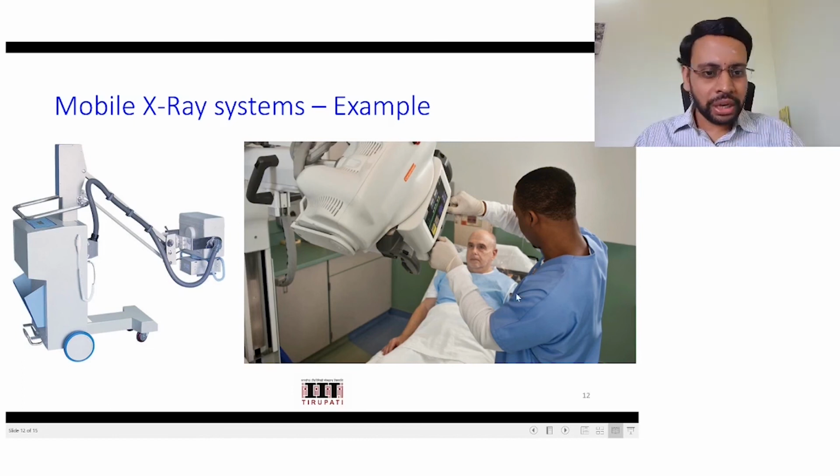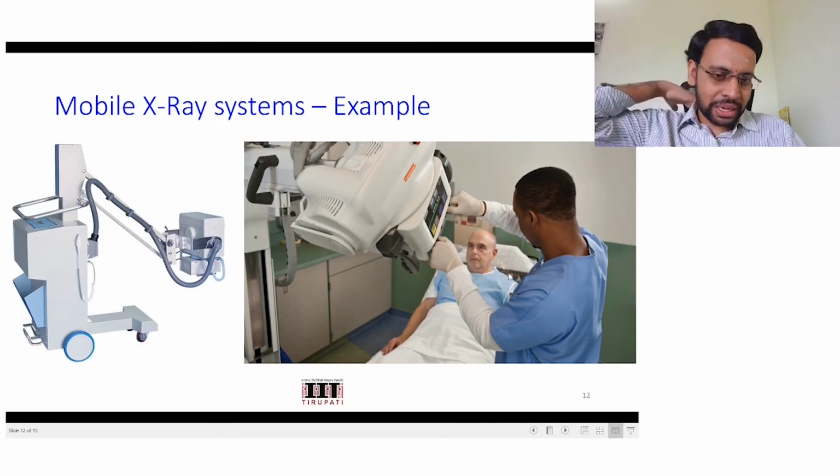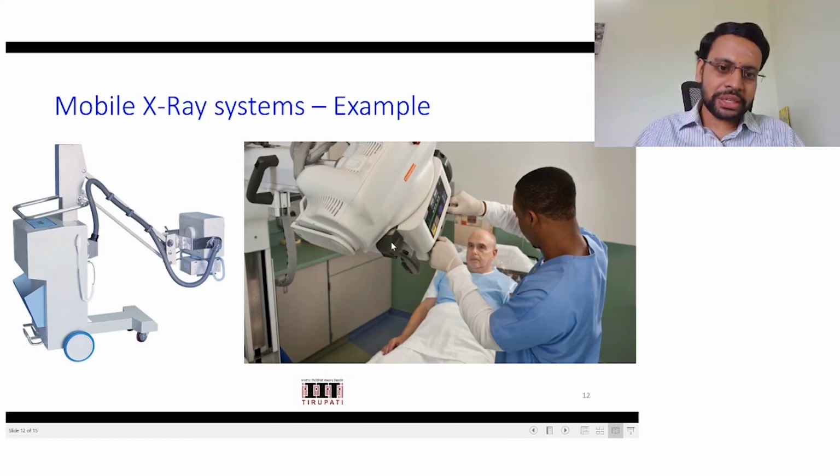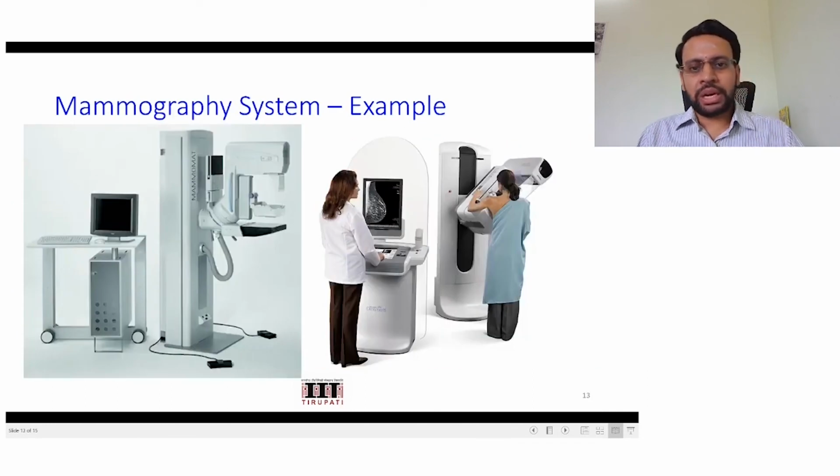The X-ray detector would be kept on his back, and this is how you would be projecting, given the constraints coming from the condition and mobility of the patient. This is one possible setup that you would come across for mobile X-rays. And another important setup here is for mammography, where breast cancer is analyzed, inspected and screened.